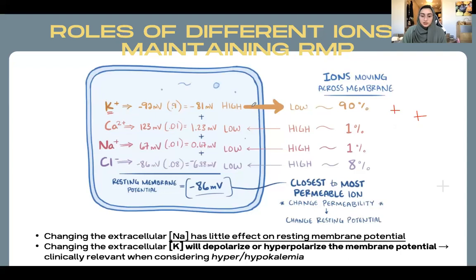So now potassium really wants to go outside the cell. And when it wants to go outside the cell, what happens? Remember, again, same principle, it's a positive ion. So here you're losing positive charges. And if you lose positivity, that means you're going to make this more negative. So it's going to go from negative 86 to, let's say, negative 90 or negative 95, whatever it may be. Again, the numbers aren't exact. I'm just using it so that you guys understand the concept.